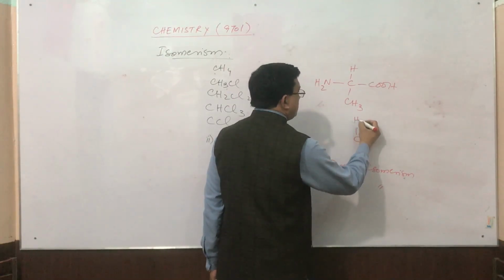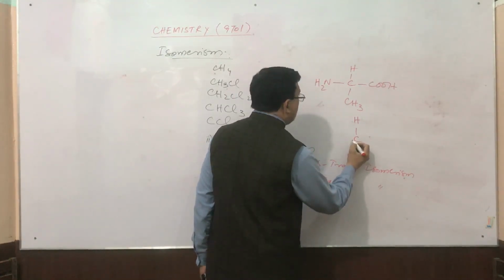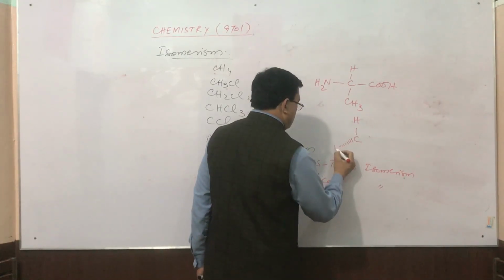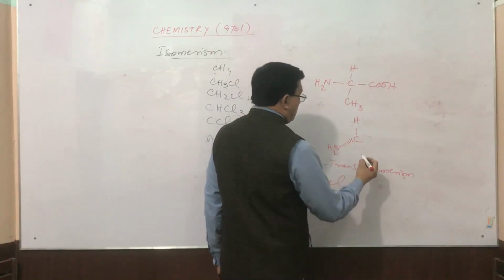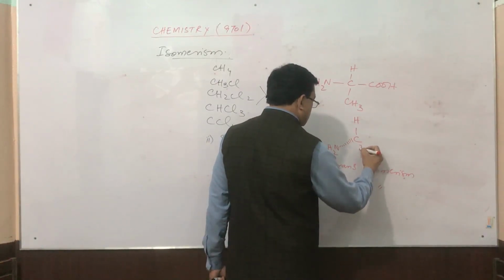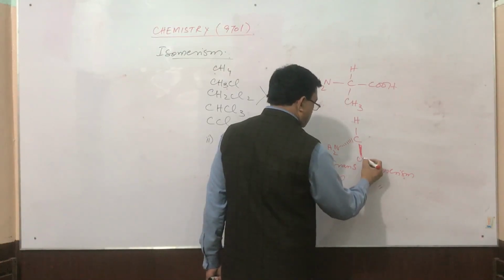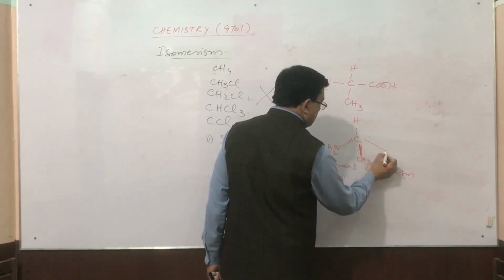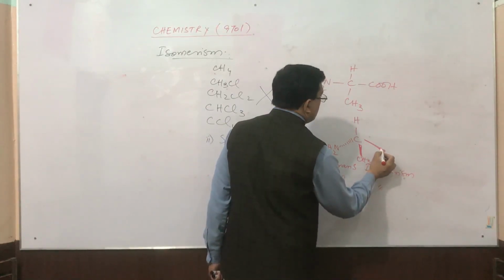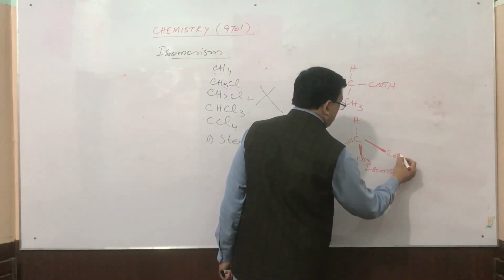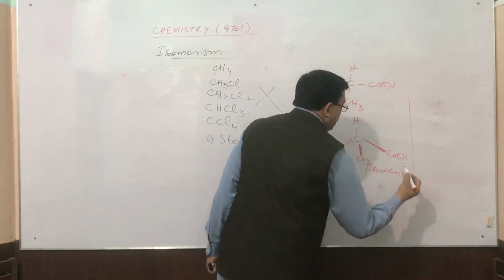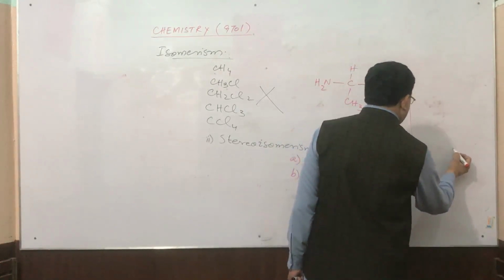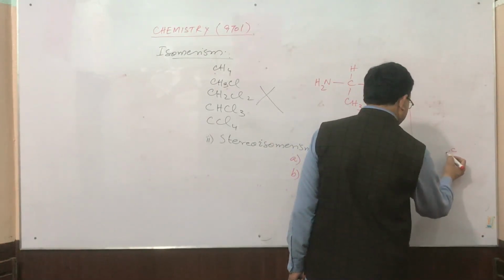This is hydrogen, and this is NH2, and this is CH3, and this is COOH. Now, if we take its mirror image, that will represent just like this.